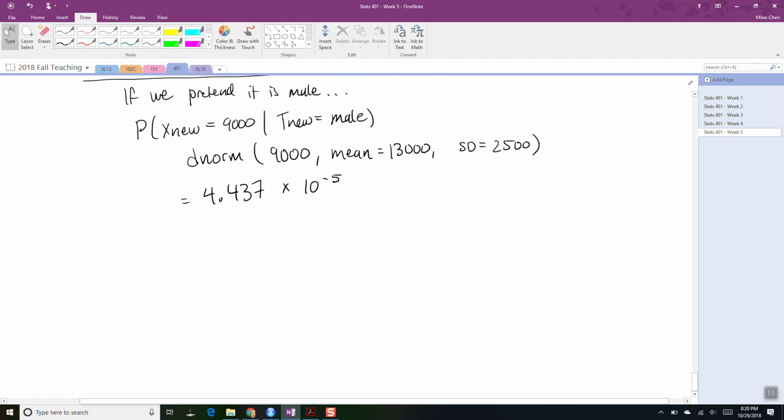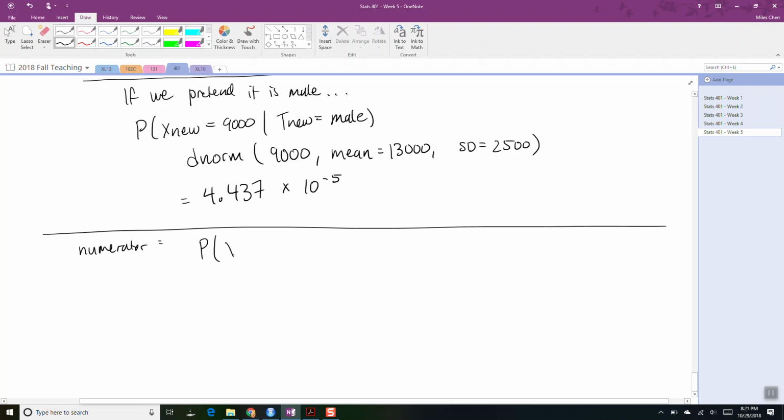So, the sum of the numerators. The numerator is the probability of x nu given t nu and x and t, multiplied by the probability of t nu given x and t.